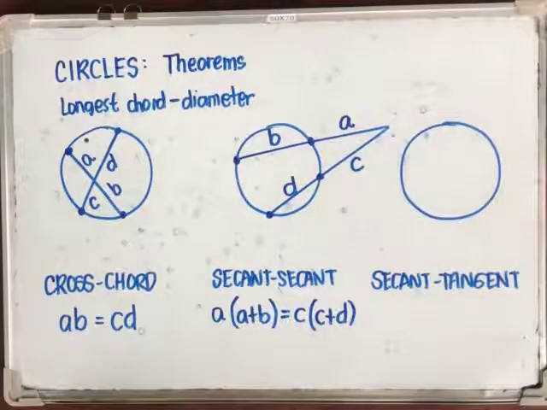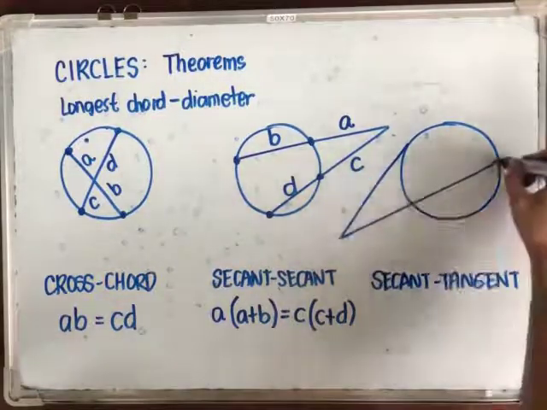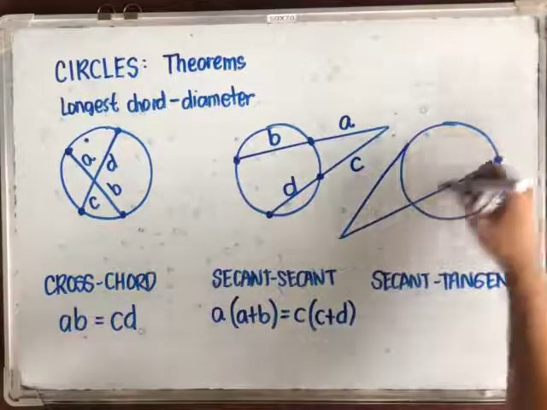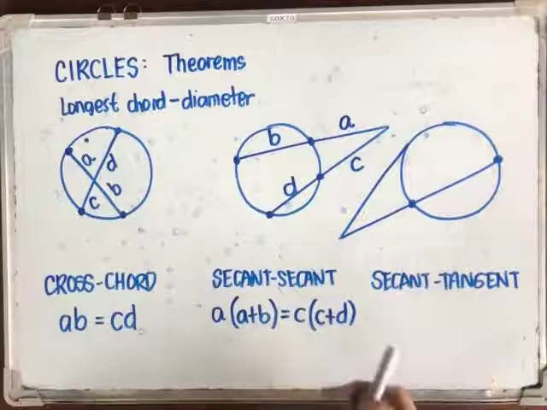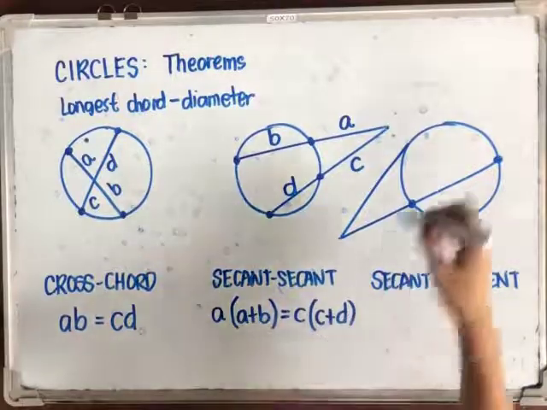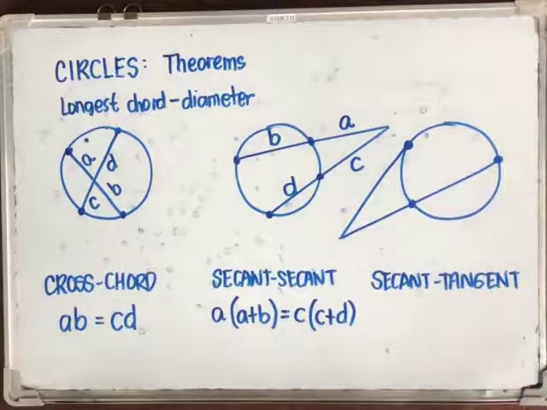That's what it's trying to tell us. The secant theorem. For our last theorem naman, the secant tangent theorem, draw tayo ngayon ng tangent line dito and a secant line. Secant line, dalawang points sa circle ang natatouch. It could extend beyond the circle. Tangent line naman touches our circle at one point only.